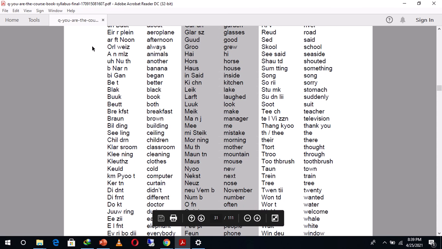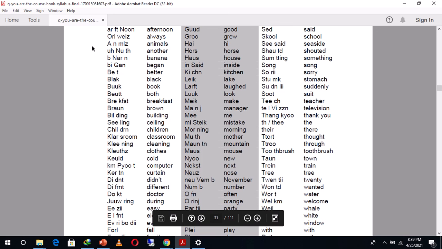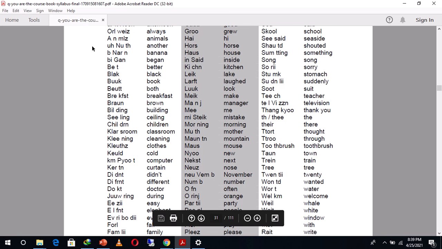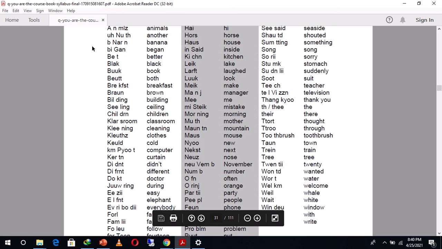There's another word which is like cleaning, cloths, call, computer, curtain, didn't, different, doctor. It's not doctor, it's doctor. Dish.